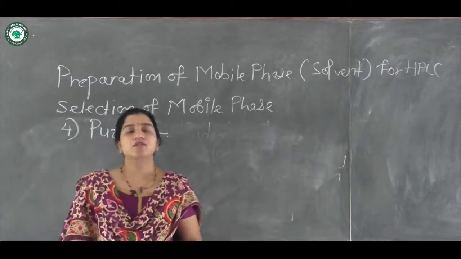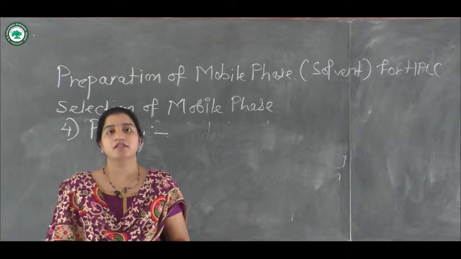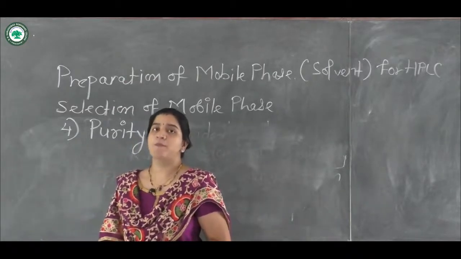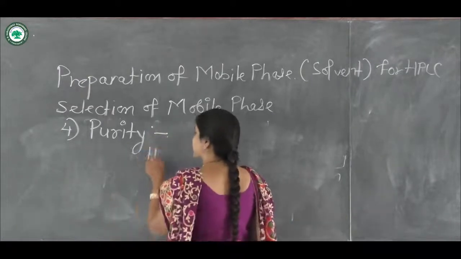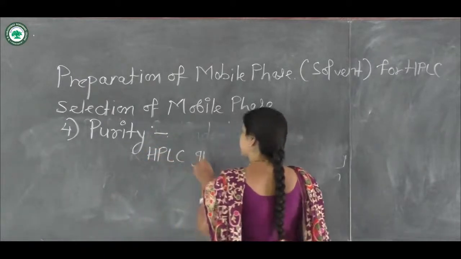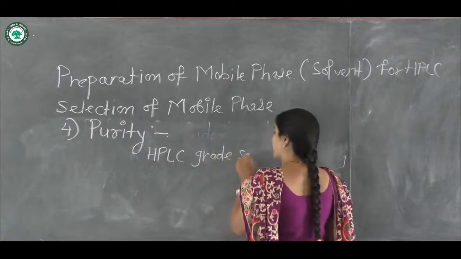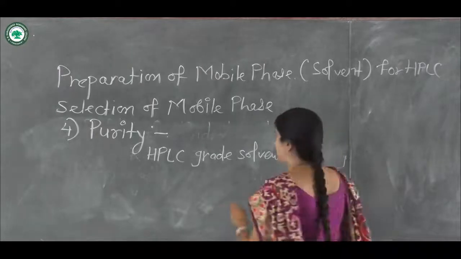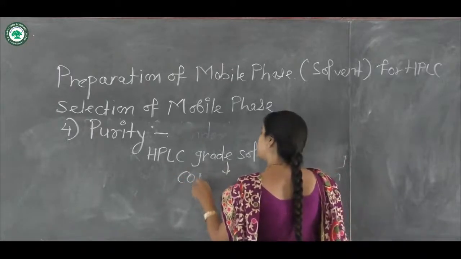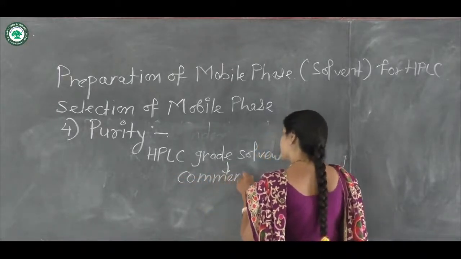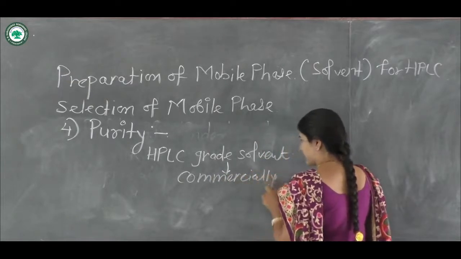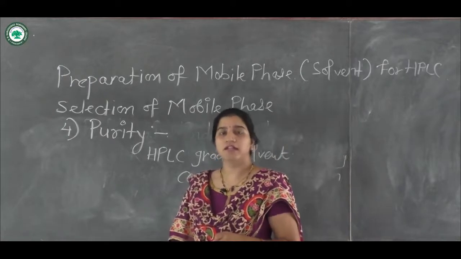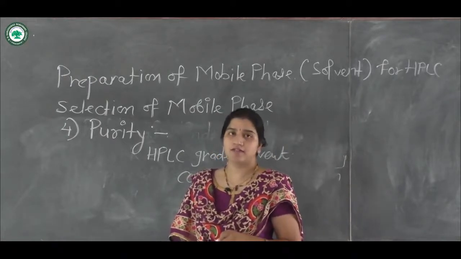Therefore, the solvent which you are using as a mobile phase in the instrumentation should be in a highly pure form. For that, HPLC grade solvents are commercially available. Otherwise, you have to purify the solvent and then you can use it for the analysis.